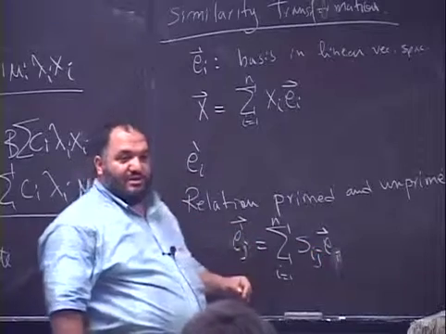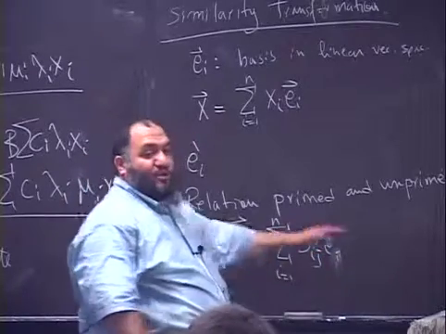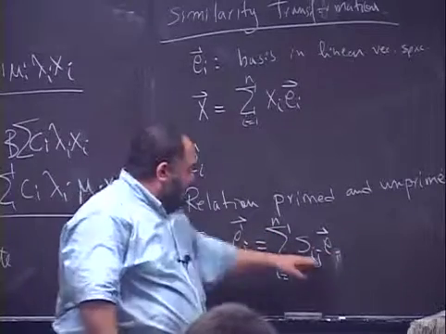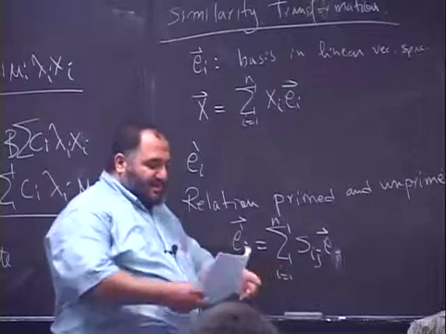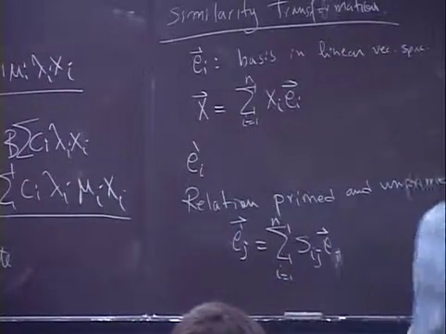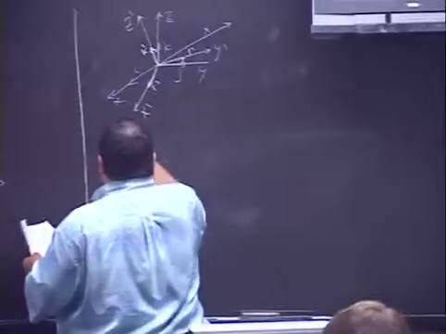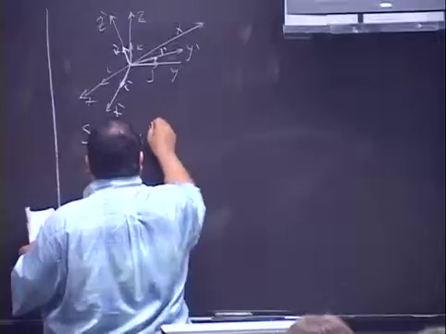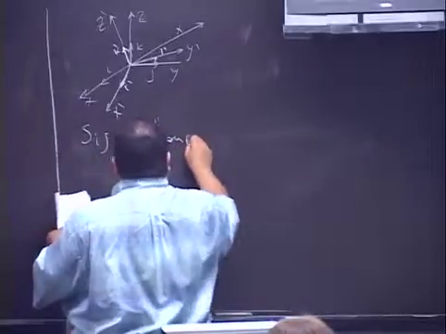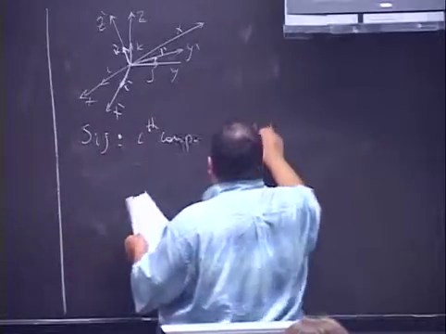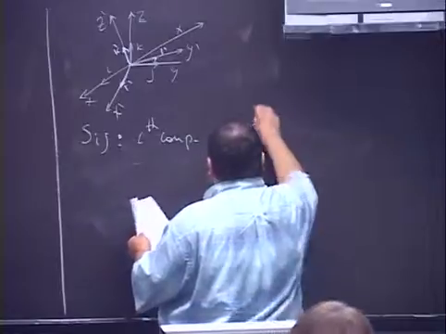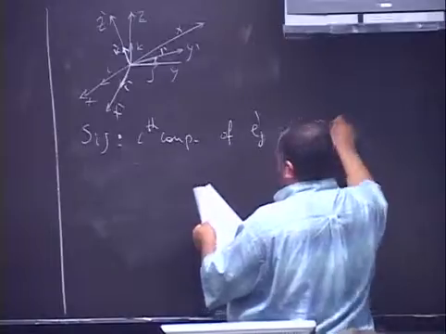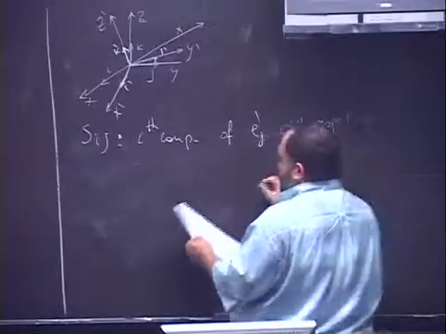So when you move from one coordinate system to the other, the new set of bases, this transformation S_ij is nothing more than the ith component of e_j prime with respect to the unprimed bases.